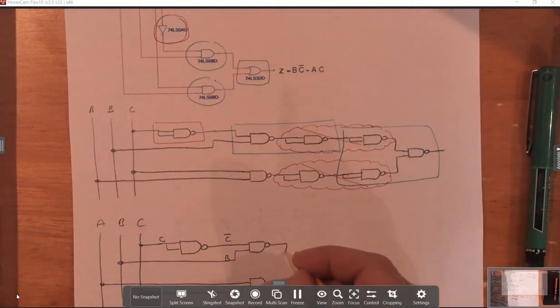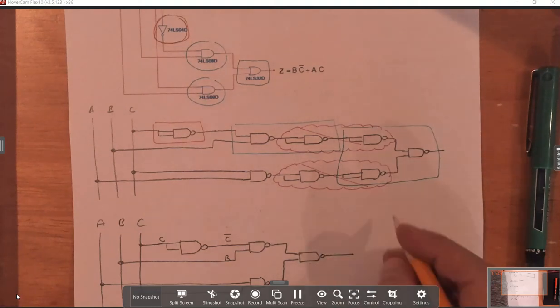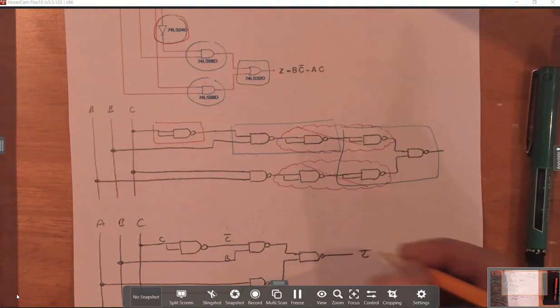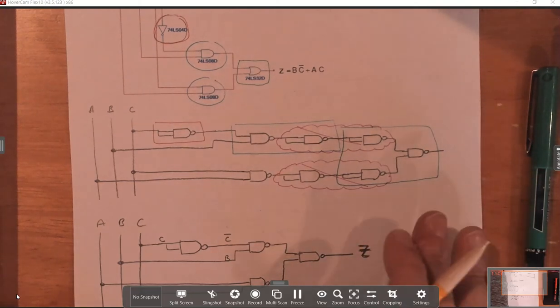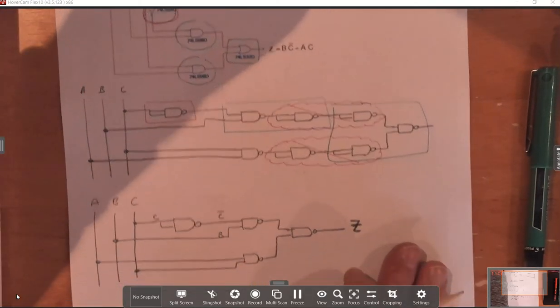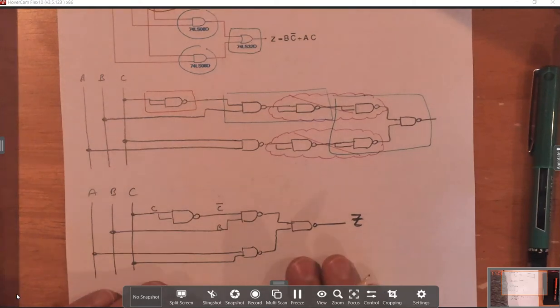And then those outputs go into another NAND gate. That was bad C. Okay, can you see that? Alright, so that is our final circuit.